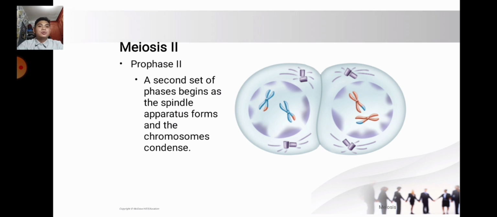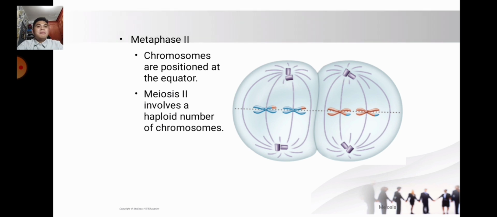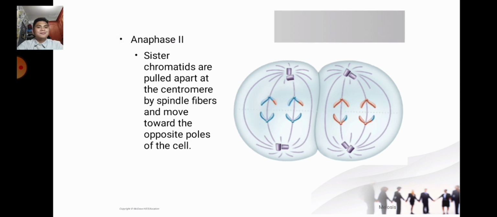And in meiosis 2, in the stage of prophase 2, a second set of phases begins as the spindle apparatus forms and the chromosomes condense. And in the metaphase 2 stage, chromosomes are positioned at the equator. Meiosis 2 involves a haploid number of chromosomes.